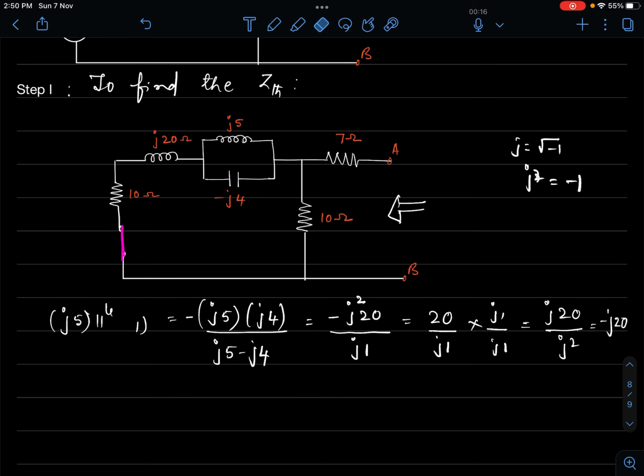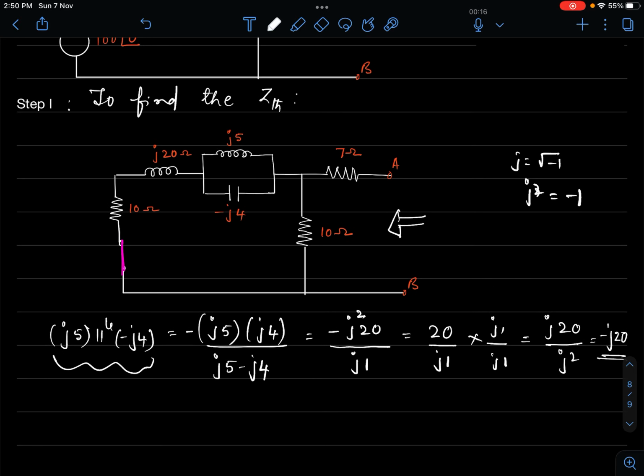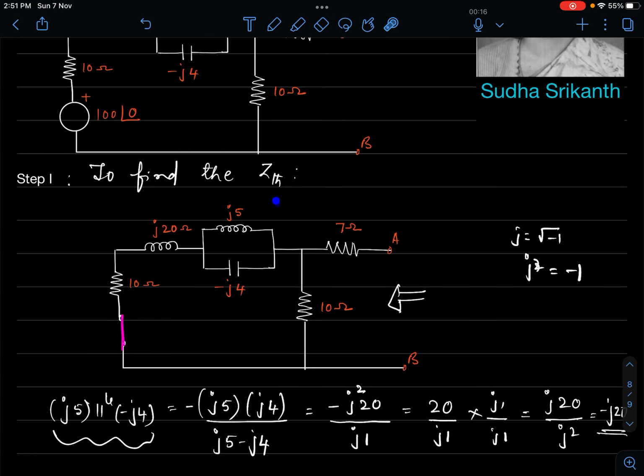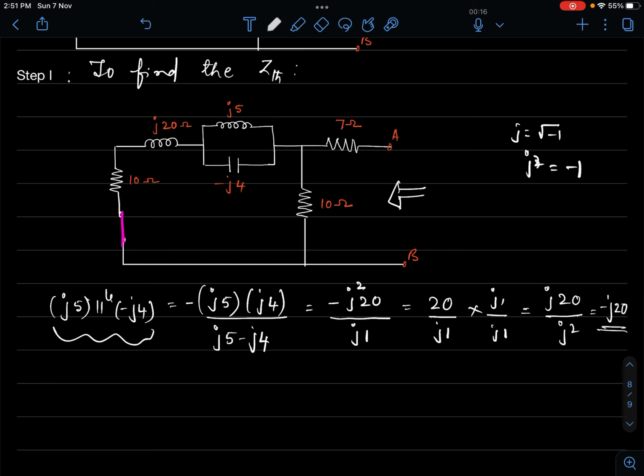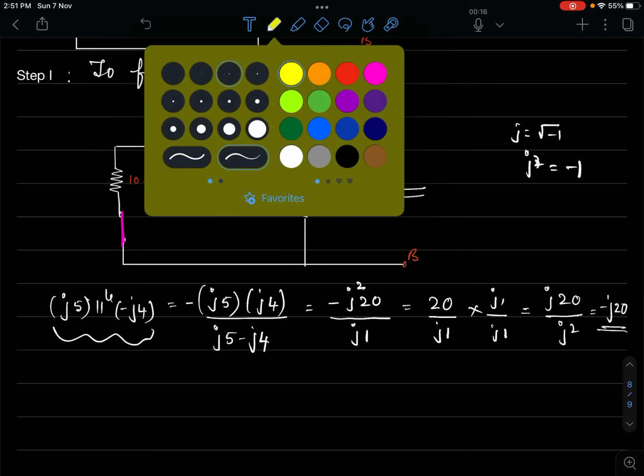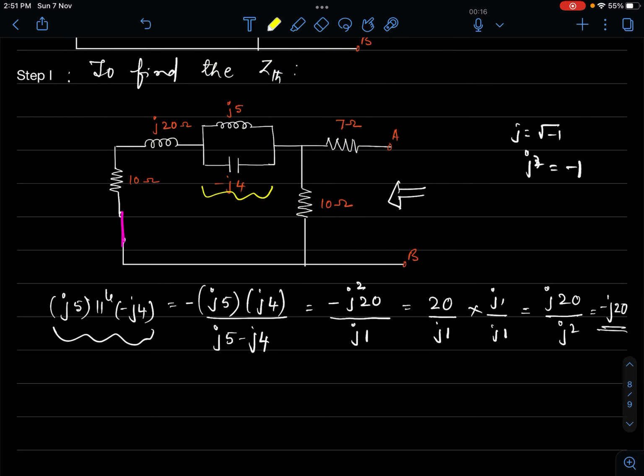So the parallel of J5 and minus J4 is my minus J20. I can replace this by minus J20. So this whole thing is now equal to minus J20.